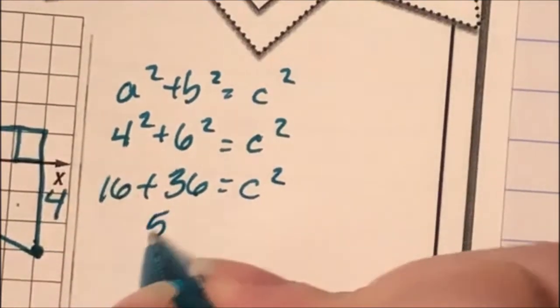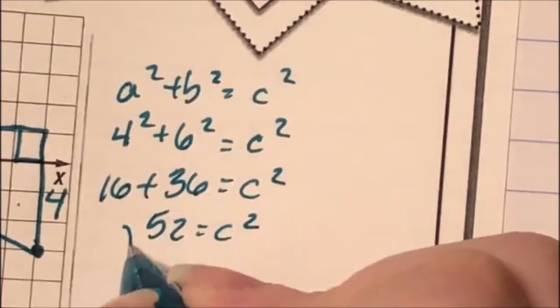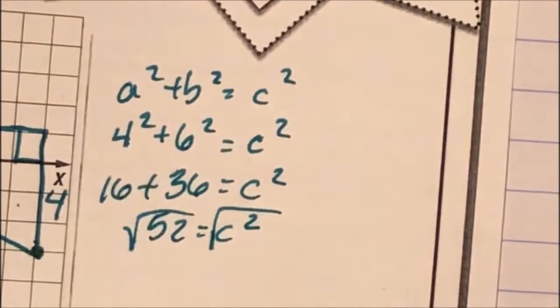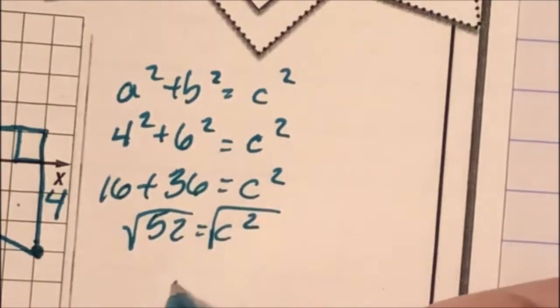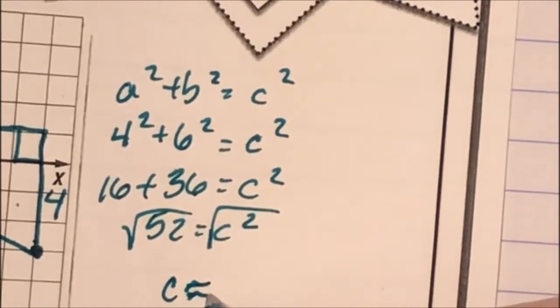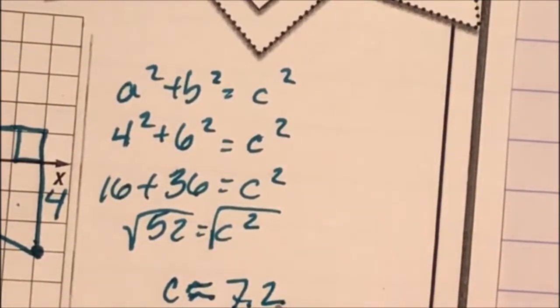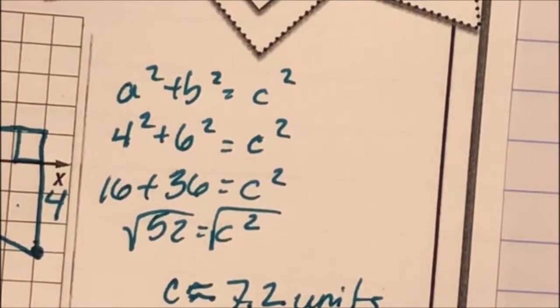Which gives me 52. I square root both sides. So c is approximately 7.2 units. And that is the end of lesson 5.